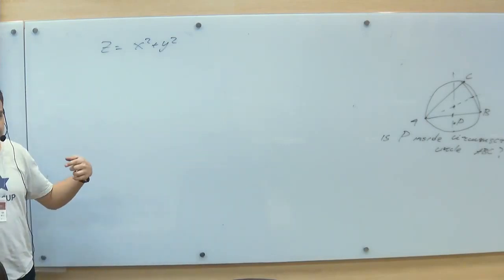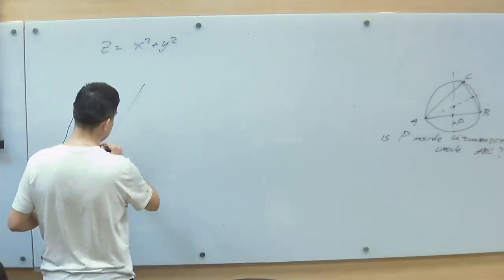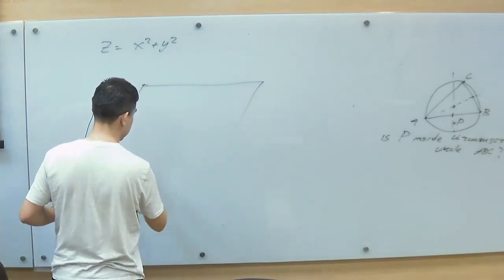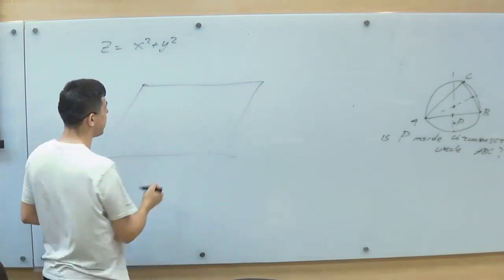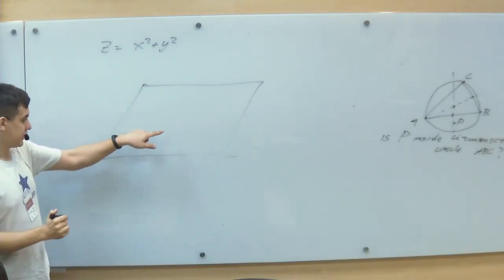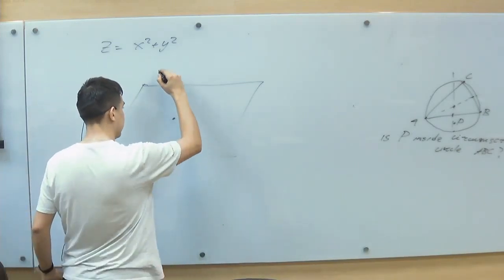So you can imagine that as you have a plane, you have some points in it, and you draw this paraboloid that starts at the origin.